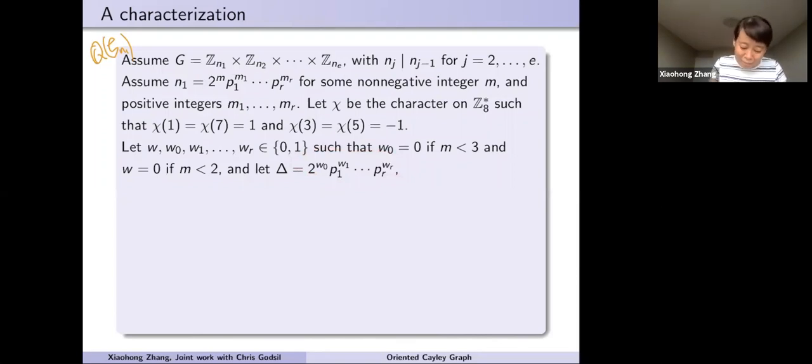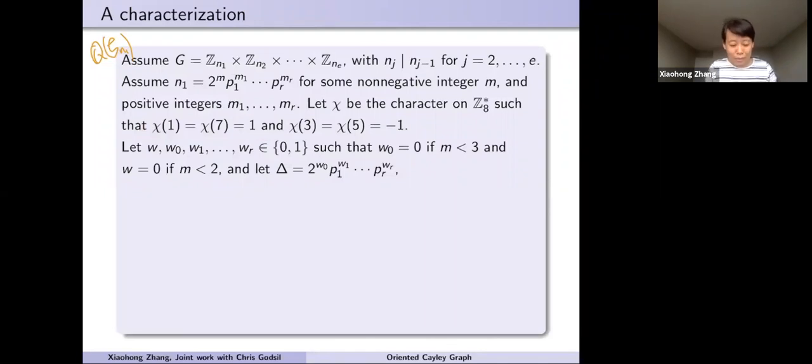For this characterization, for these two to show up, there are some conditions. If its multiplicity as a factor of N1 is less than 3, it cannot show up here. Now for each, there is a Z8 part, so we introduce a character on this Z8.